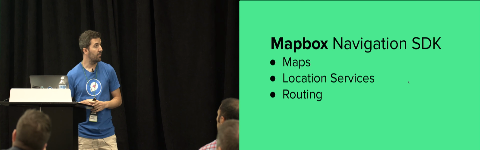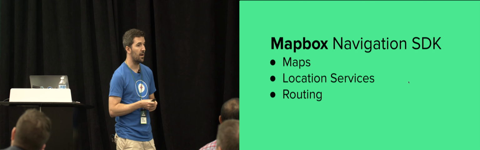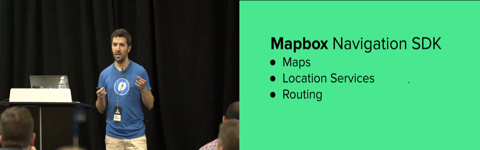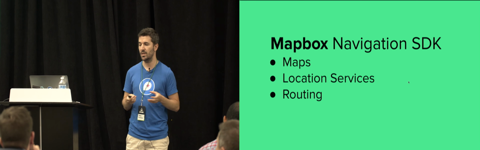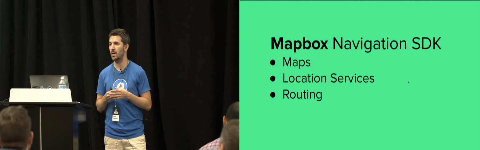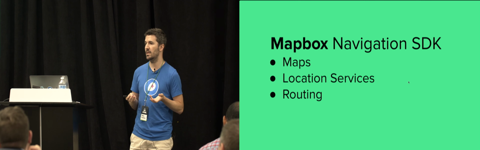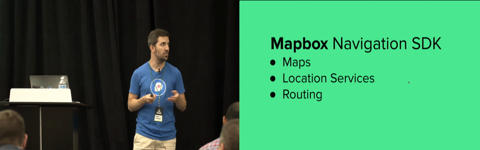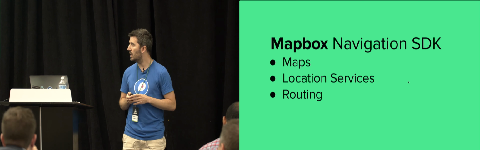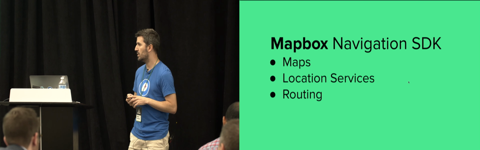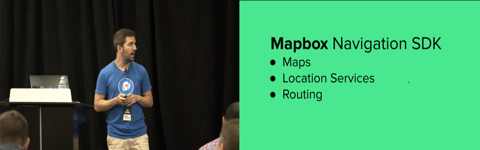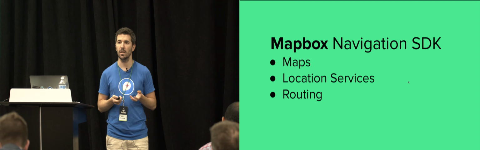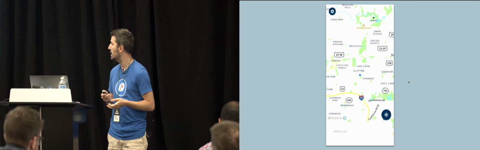Another important piece of the navigation SDK is routing, right? You can think about this as needing to know the instructions and all the information that you might be interested in for going from point A to point B. We have this other service at Mapbox, which is the Directions API, and this gives us back all the information that we want to expose to the developers.